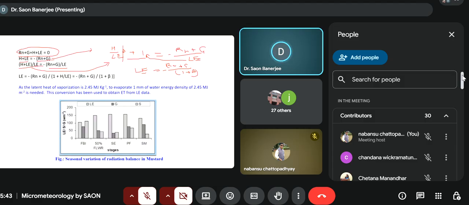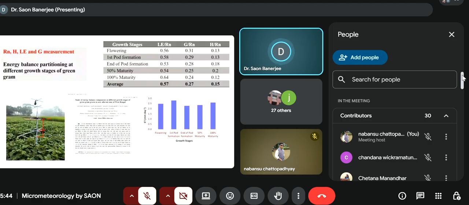So we can calculate the latent energy easily with the help of Bowen ratio. If you have this type of instrument setup, at two places you need temperature and vapor pressure or relative humidity.